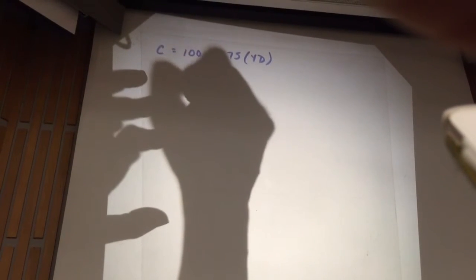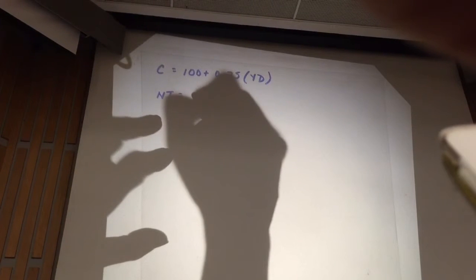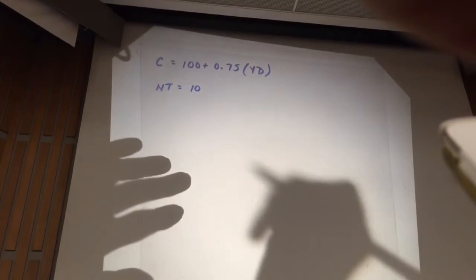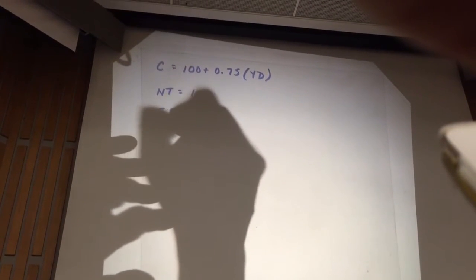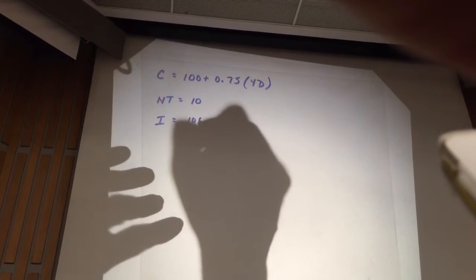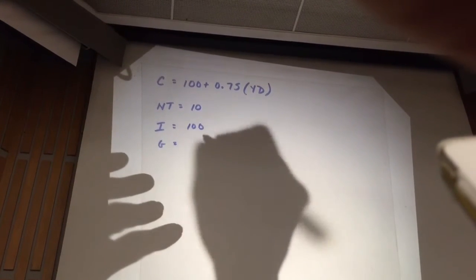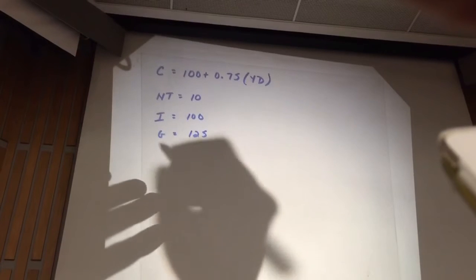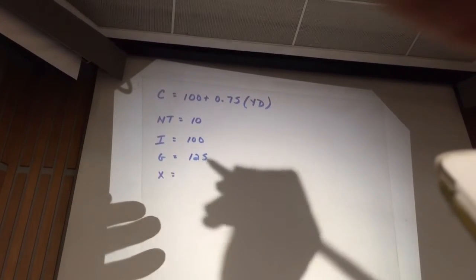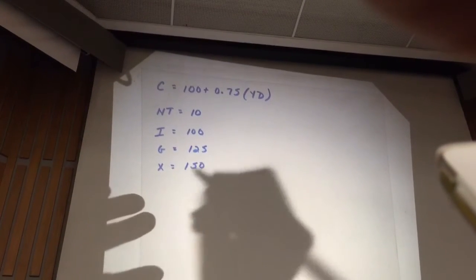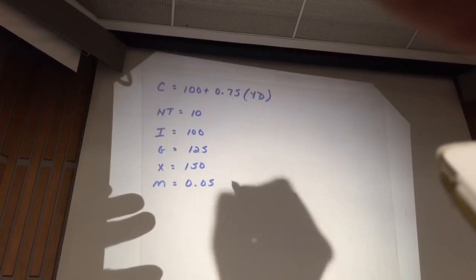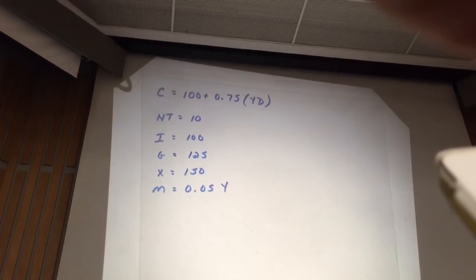Net taxes are going to be 10. Investment is 100. Government expenditures are 125. X is going to be 150. And M is going to be 0.05 times Y.